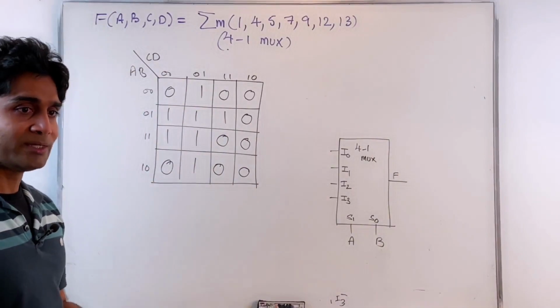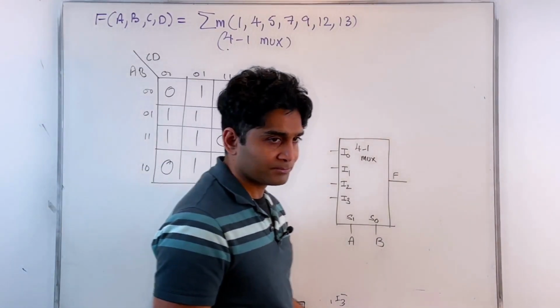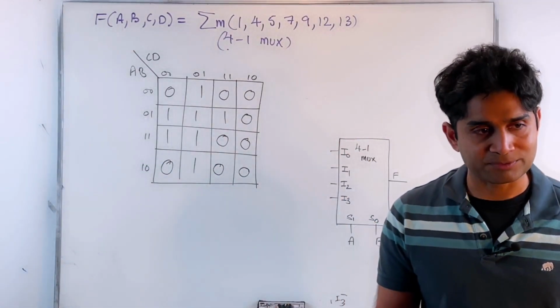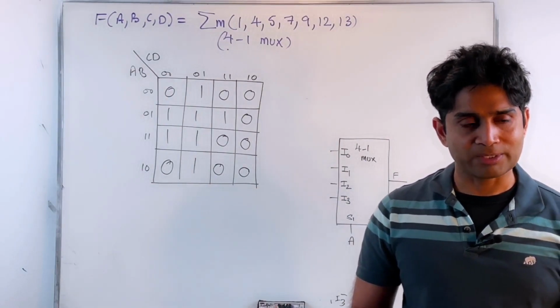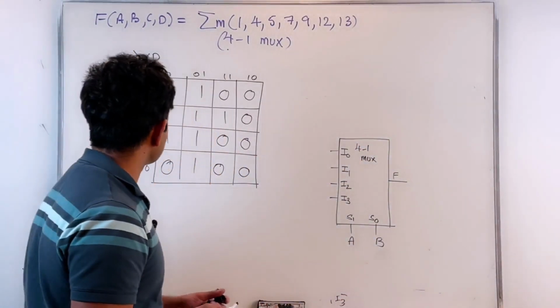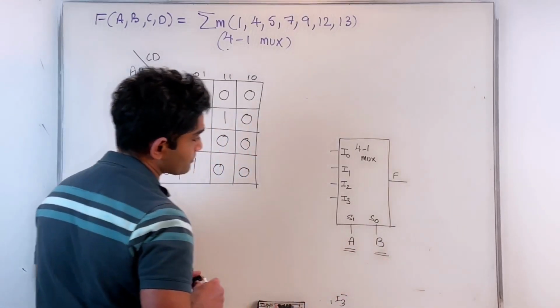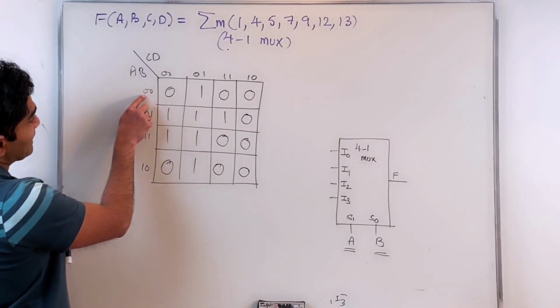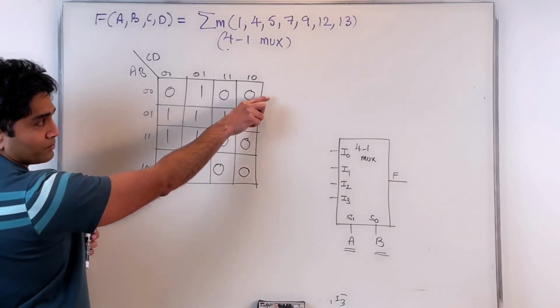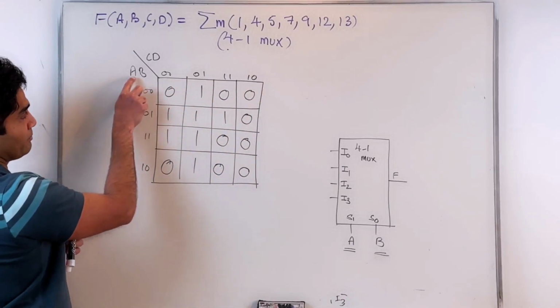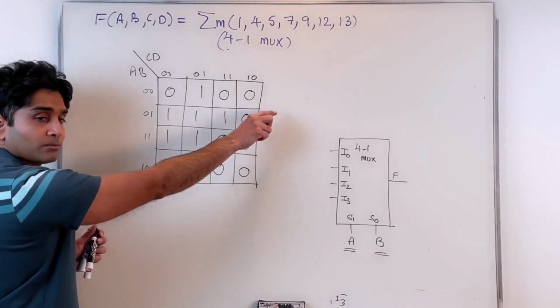What I will do now is divide this K-map into sub K-maps. This is how I would divide it in this case, because I'm using A and B as the selector inputs. A and B is constant across each row. A and B value of 0, 0 is constant across this entire row.